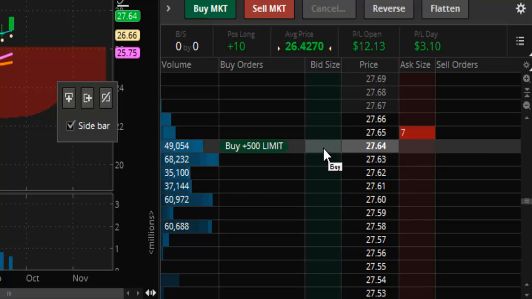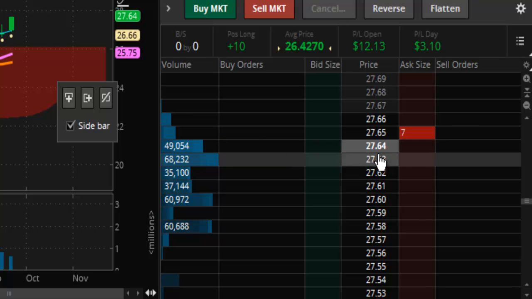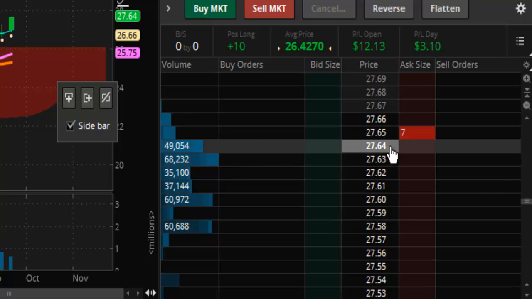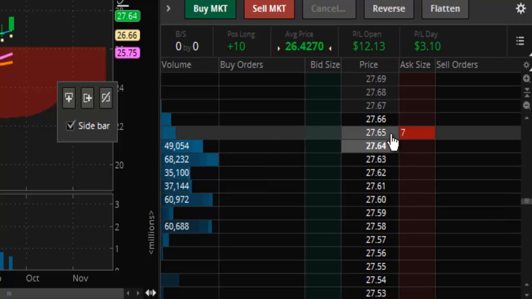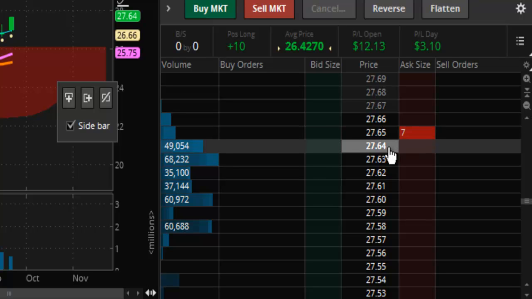I have seen it where markets can jump and skip all over the place, and then your limit is just there looking lonely. Example would be, let's say you have a buy limit at 27.64 and you placed it when the market was at 65. The market can pull back to 64, but doesn't stay there long enough to clear out all these tickets, and let's say you're the last one, the 49,054th order.